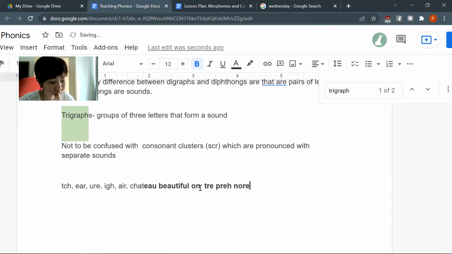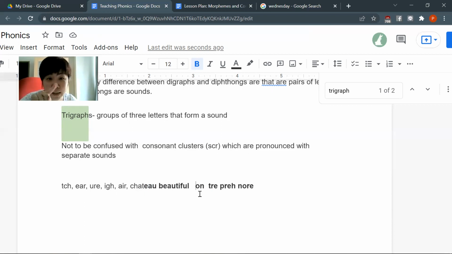Another French word. Anytime it has that sort of weird EU or EAU spelling, it's always from French.